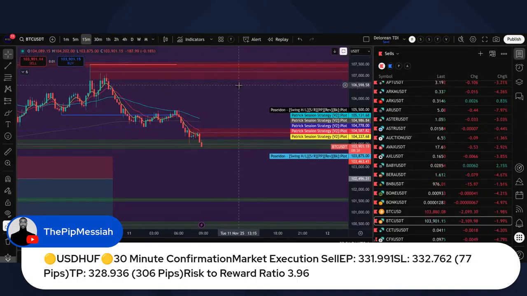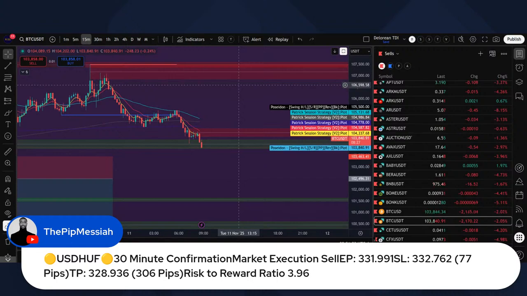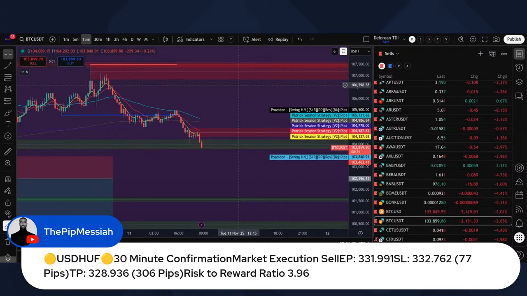If we do get this drop, I'm expecting we're going to get lots of action. And if that does happen, we'll stay on until 11 a.m. Central Standard Time. Looks like we're about to break this support momentarily.